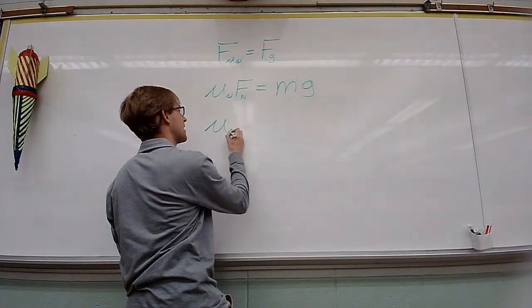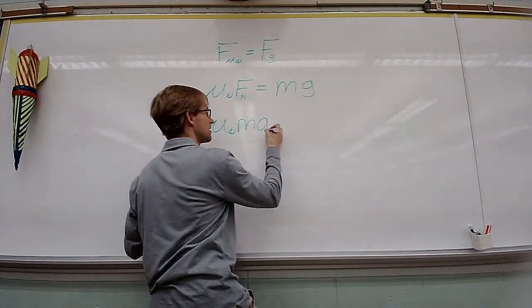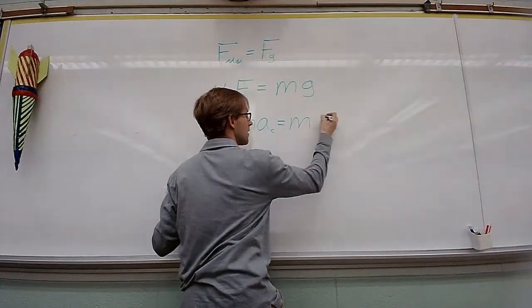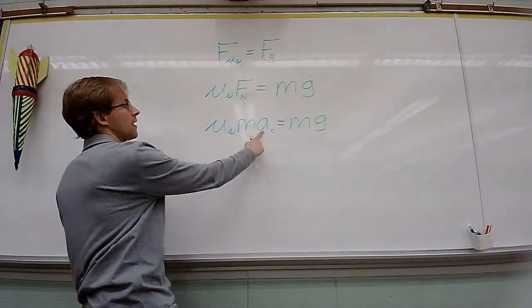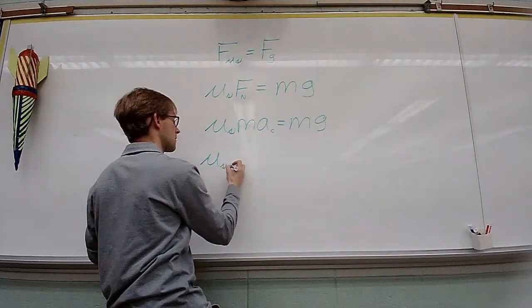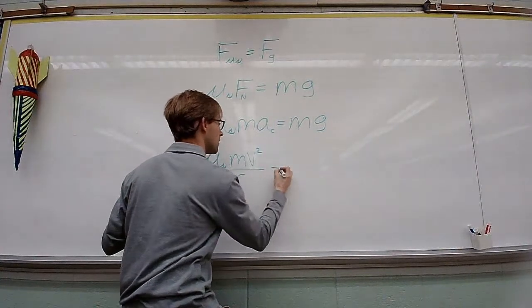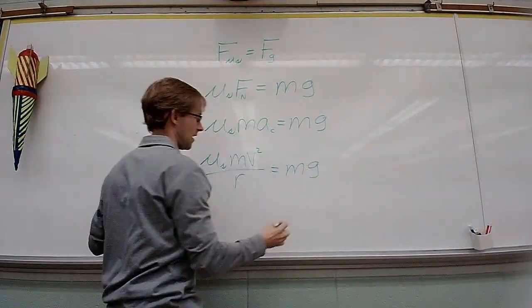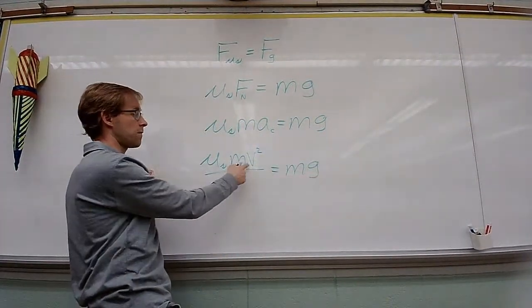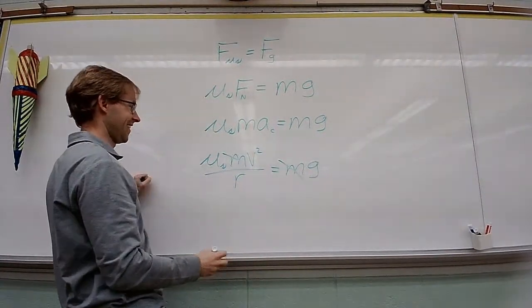So in that case, centripetal force again is mass times centripetal acceleration, and centripetal acceleration is v squared over r. Now we can solve for a velocity, which would get us halfway there.